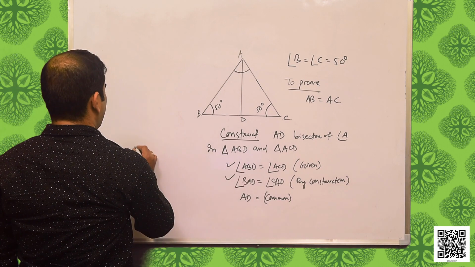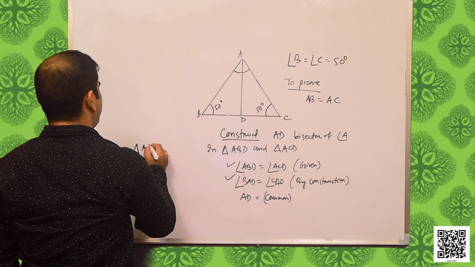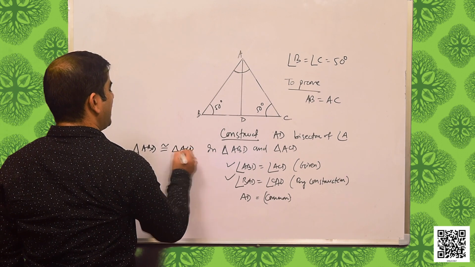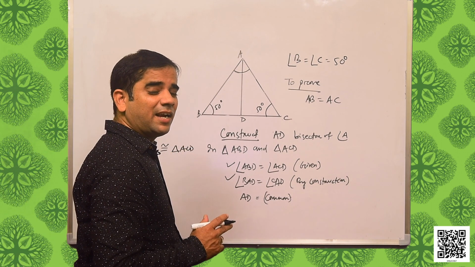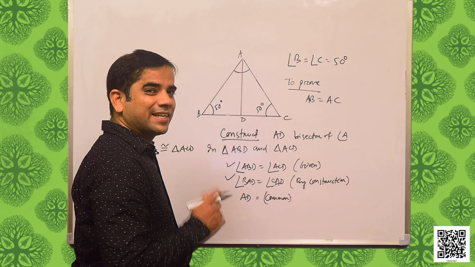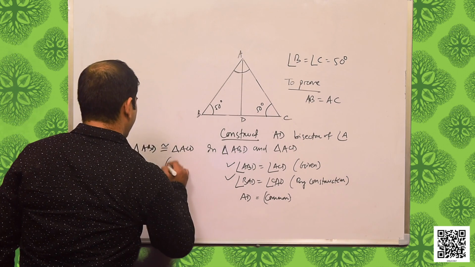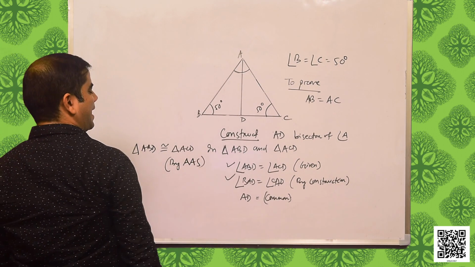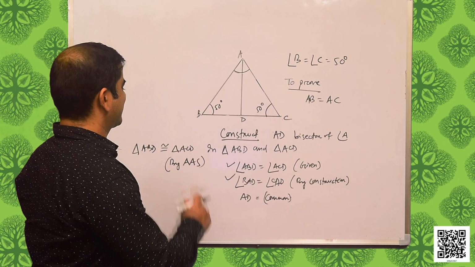That means triangle ABD is congruent to triangle ACD by which rule of congruency? Hope you can get it. Exactly, it is by AAS.